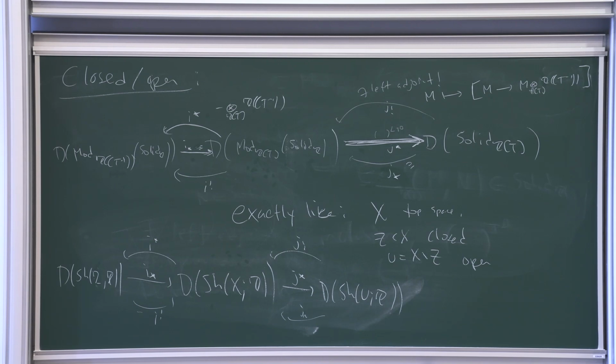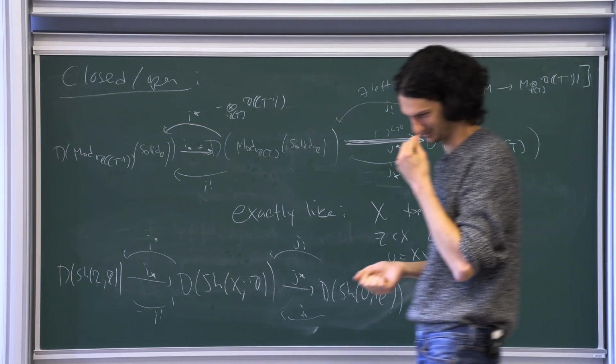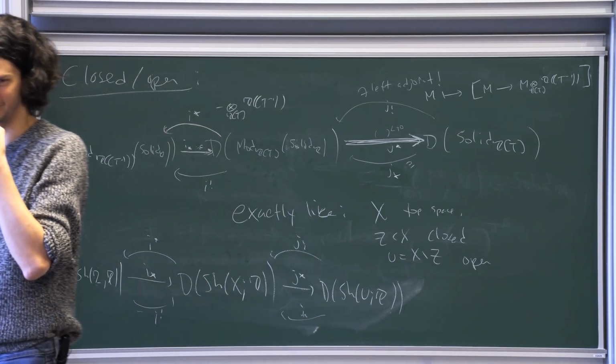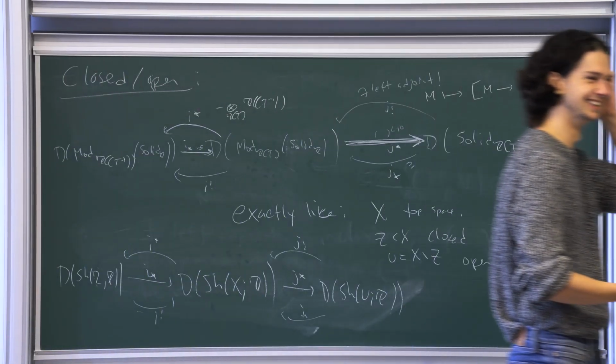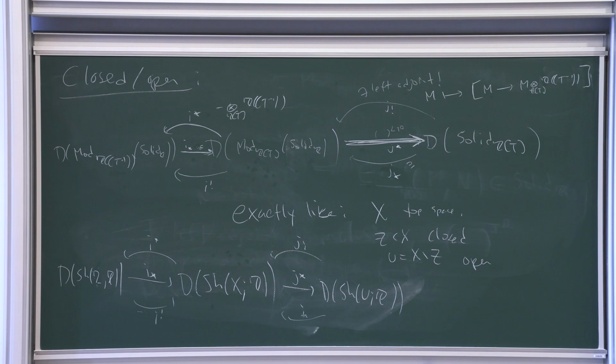But another funny thing is that if you think about this perspective, it's also telling you that Zariski opens in usual algebraic geometry should be thought of as closed. And I think that's also true. I can explain why if people want to know.